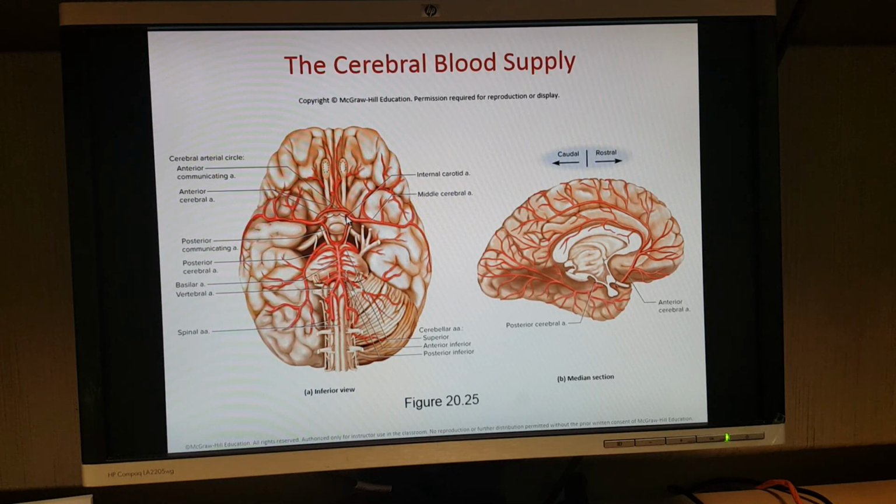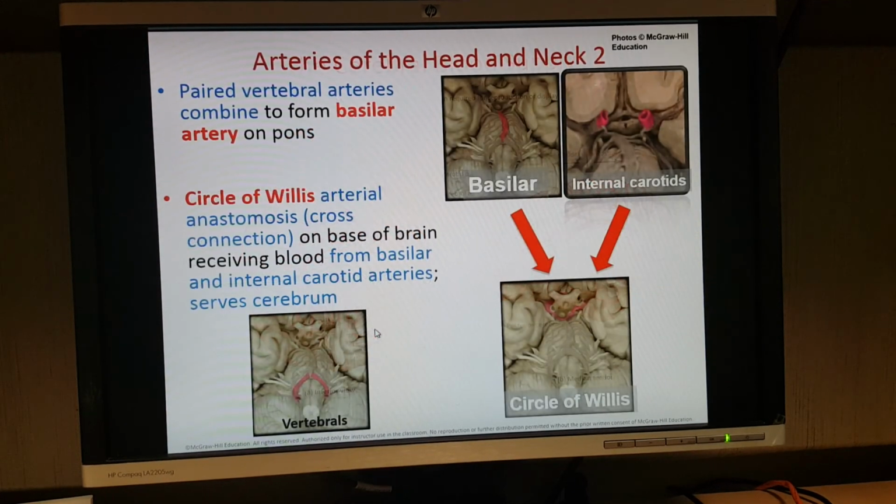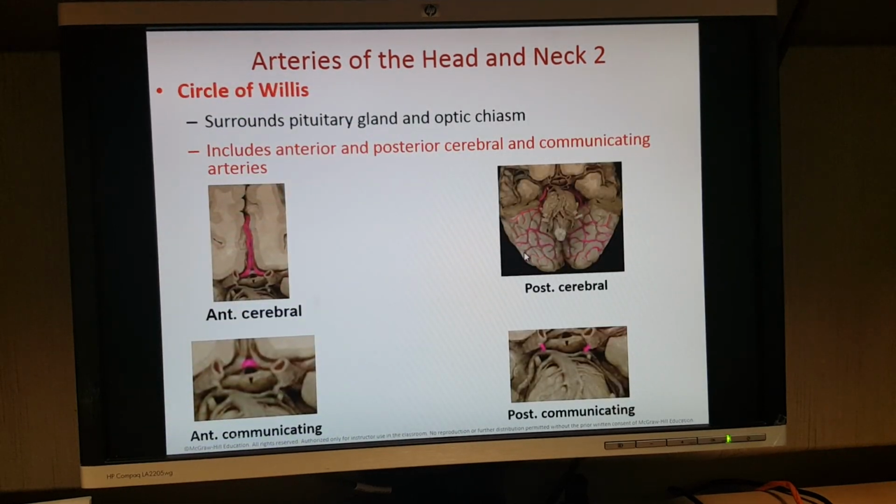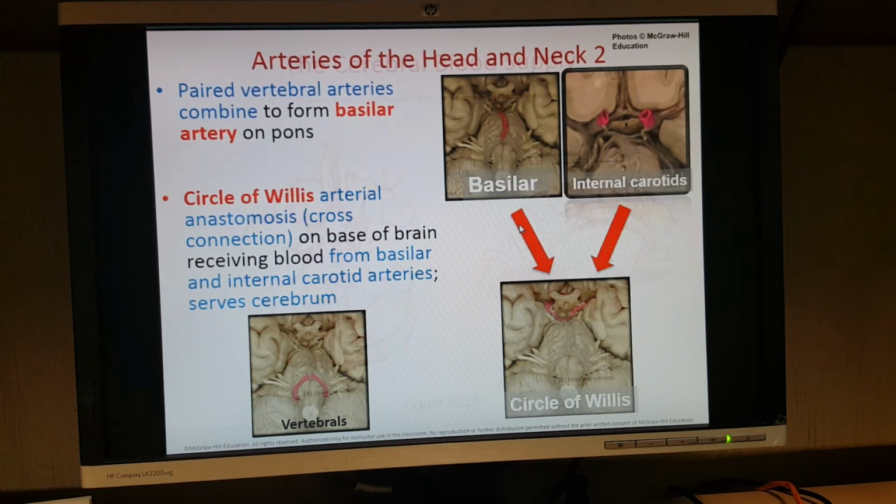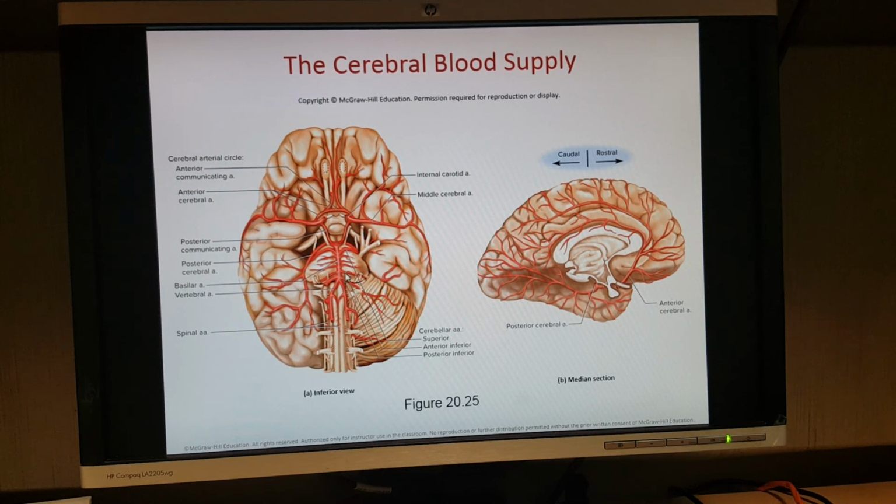Those blood vessels, as well as the basilar artery, which goes across your pons, so this artery here, those arteries feed a special structure called your cerebral arterial circle, also known as your circle of Willis.